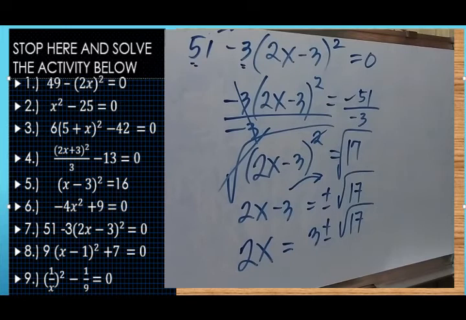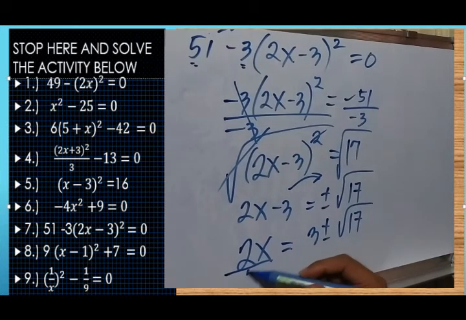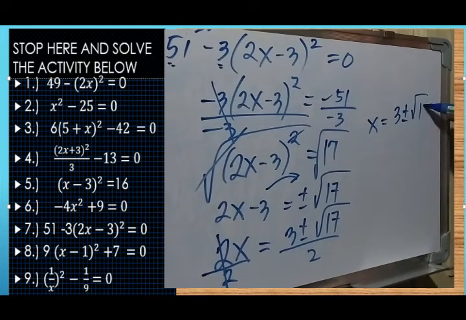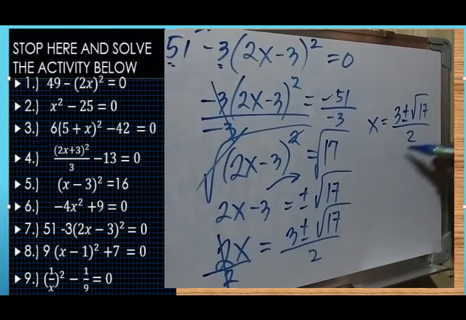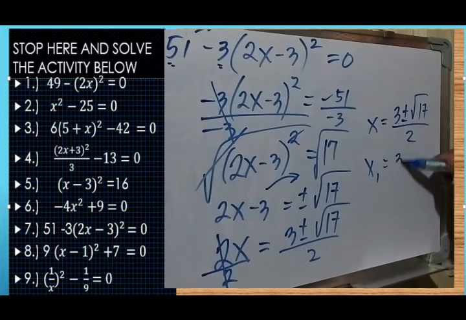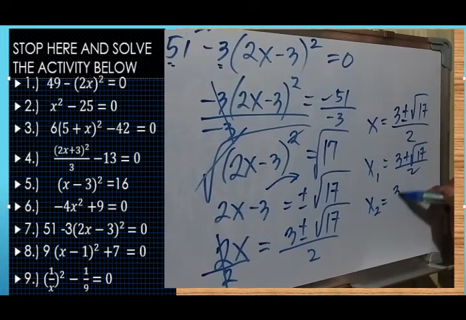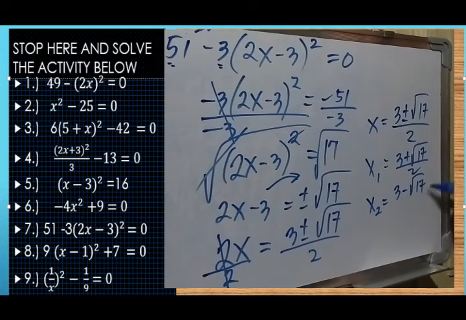To isolate x and solve for x, divide 2 on both sides. So you now have x is equal to 3 plus minus square root of 17 all over 2. We have x sub 1 is equal to 3 plus square root of 17 divided by 2. And our x sub 2 is 3 minus square root of 17 all over 2.